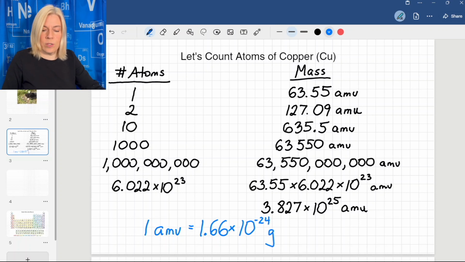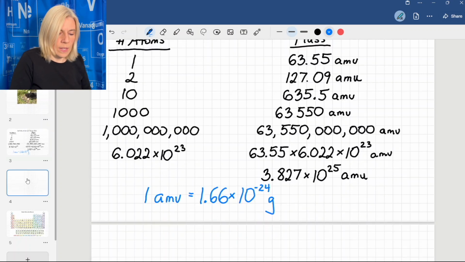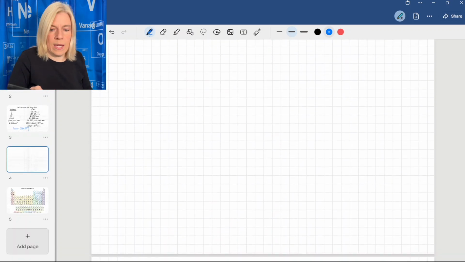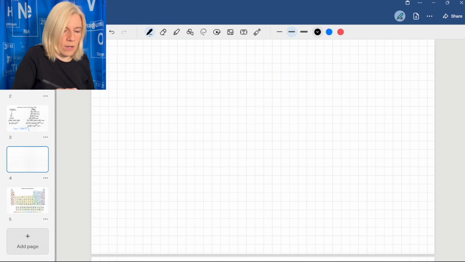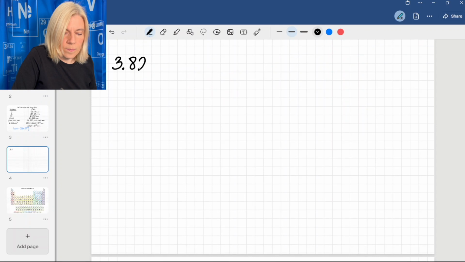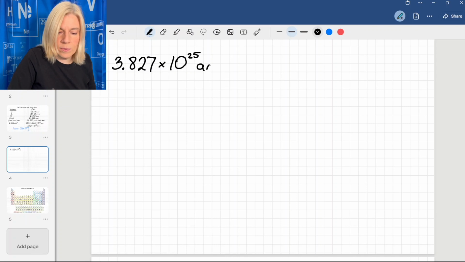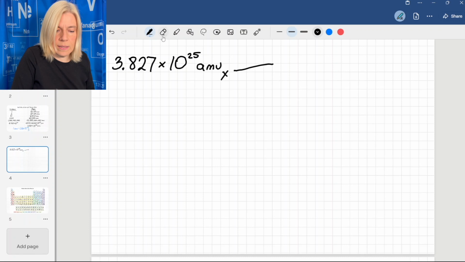That's our conversion factor. And we're going to change the AMUs of my 1 mole of copper atoms into grams. So let's do that. I had 3.827 times 10 to the 25th AMU, and we're going to use our dimensional analysis.